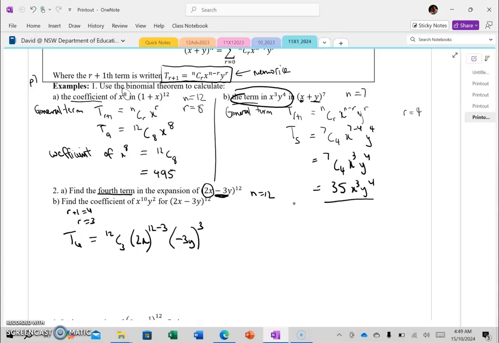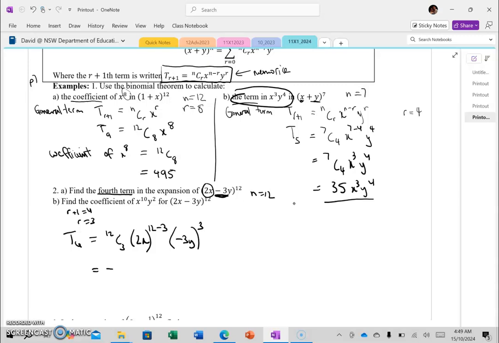And now what we can do is we can simplify a little bit. It's negative raised to an odd power, so the final answer for this term is going to be negative. You can simplify the powers if you want in your head. I'm just going to jump straight to the answer.